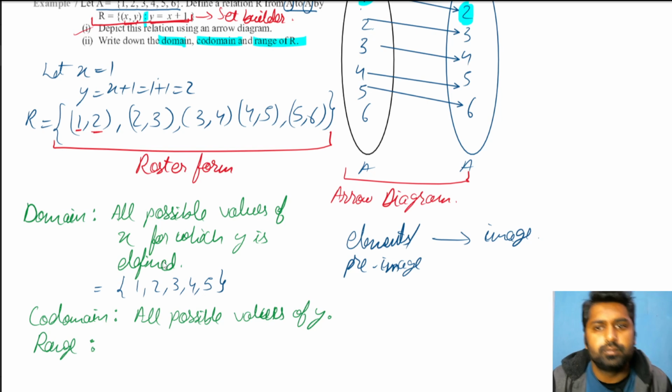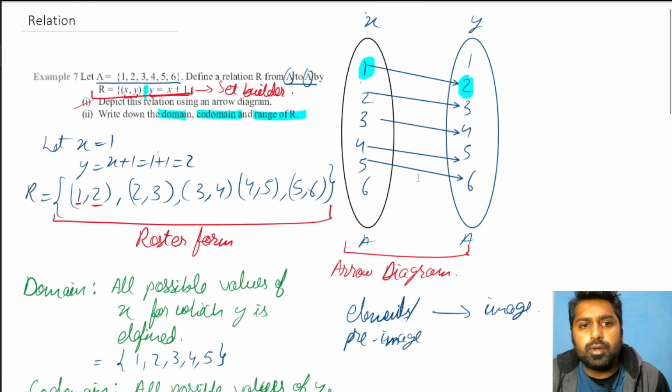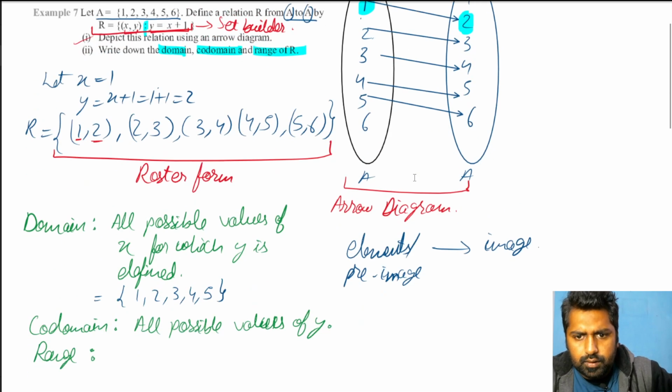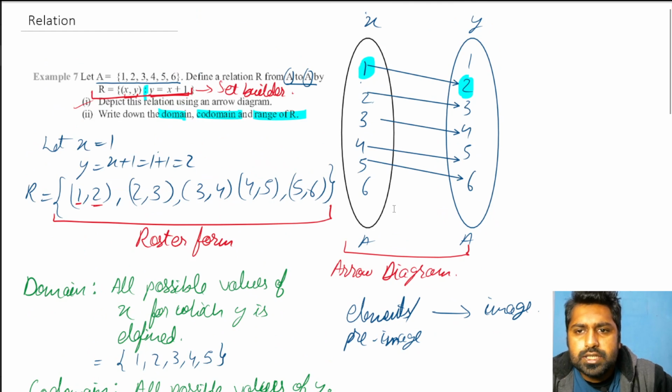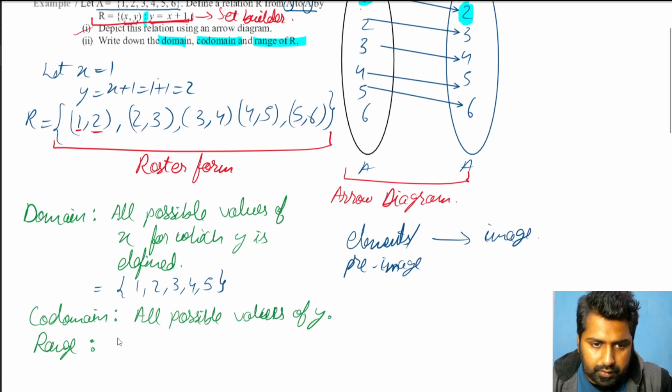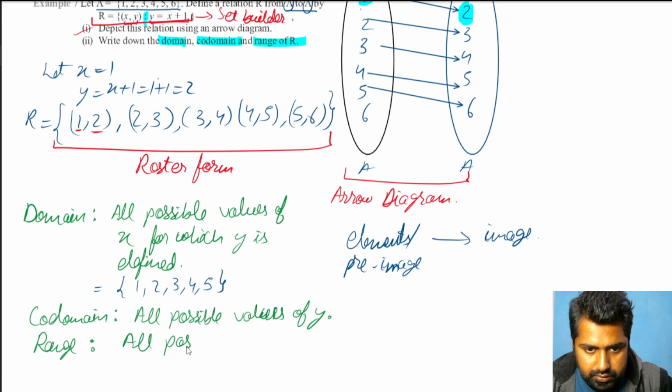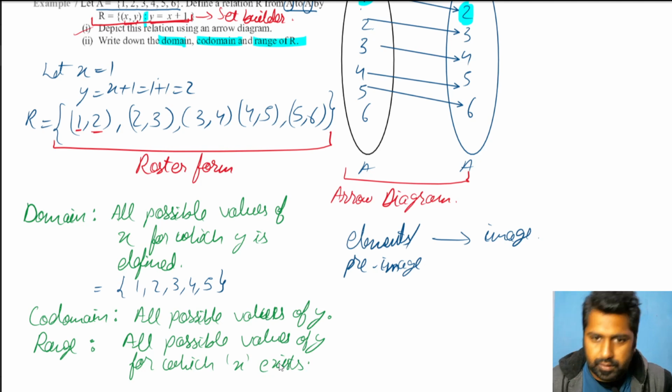Range. Now we'll talk about range. So how can we define range? See, range are only values of y for which x exists. Means there should be a pre-image or element for that image. All possible values of y for which x exists. Okay.